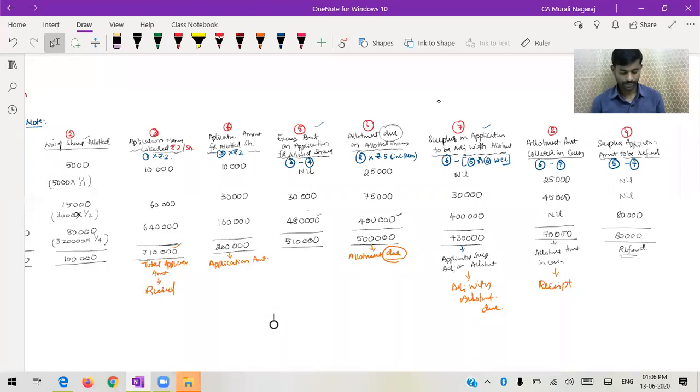No need of showing premium separately, as we are in the due entry and I have given only debits. Share application account debit for allotted shares, 2 lakh, plus for the allotted shares 1 lakh shares into 5 rupees allotment due. Got it?